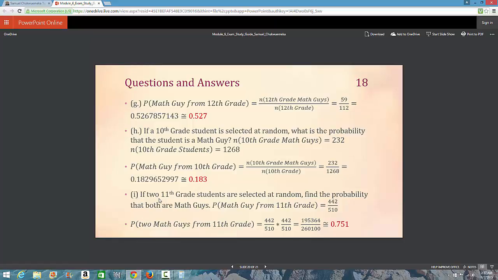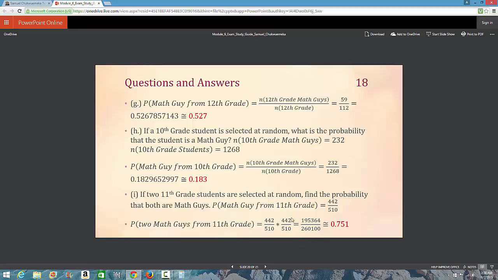I, if two 11th grade students, the same thing here, our sample space will be 11th grade students. But in this case, we're looking at two. If two 11th grade students are selected at random, find the probability that both are math guys.